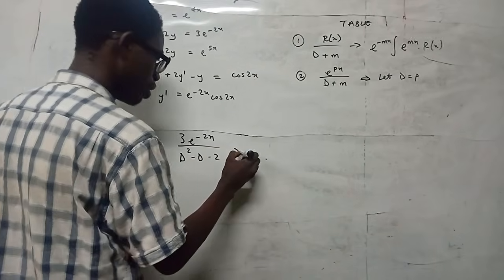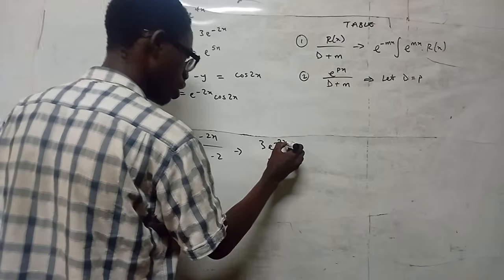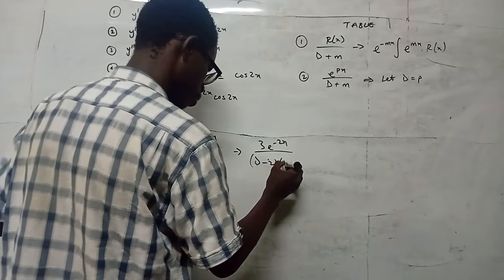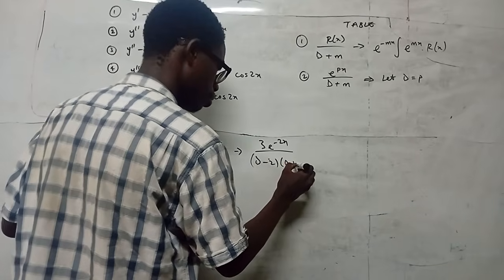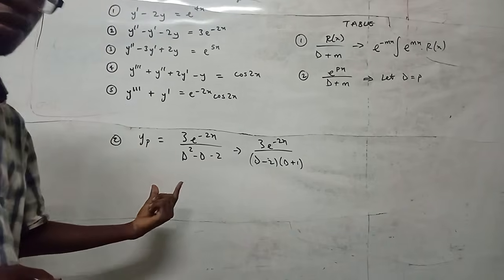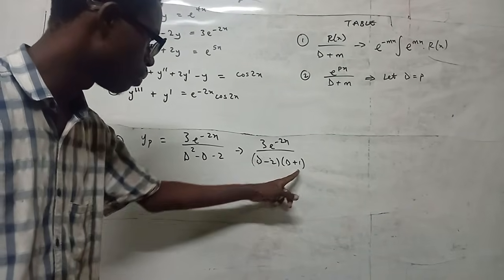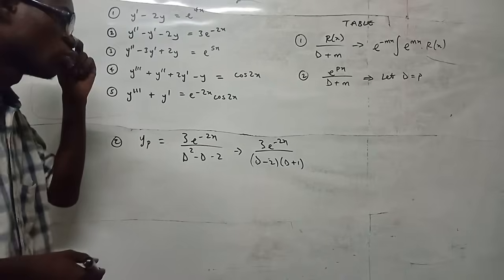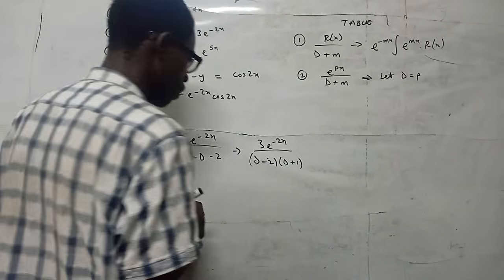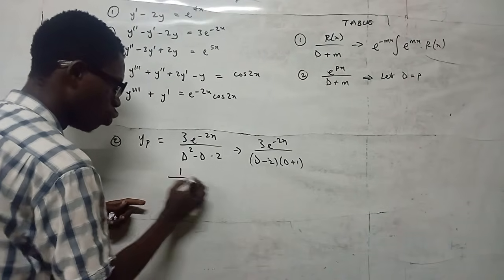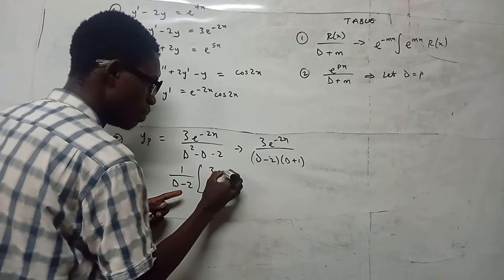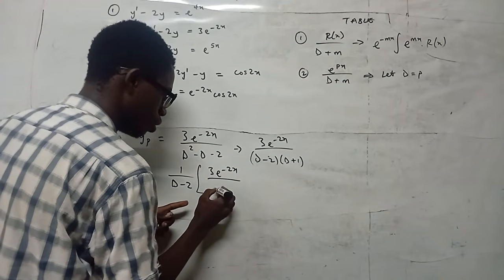We can factorize this and say we have 3e to the minus 2x over d minus 2, d plus 1. Am I correct on that? Yes, we can factorize this and say d minus 2, d plus 1, exactly. So solving this using the first method, we can now see we have 1 over d minus 2, 3e to the minus 2x over d plus 1.